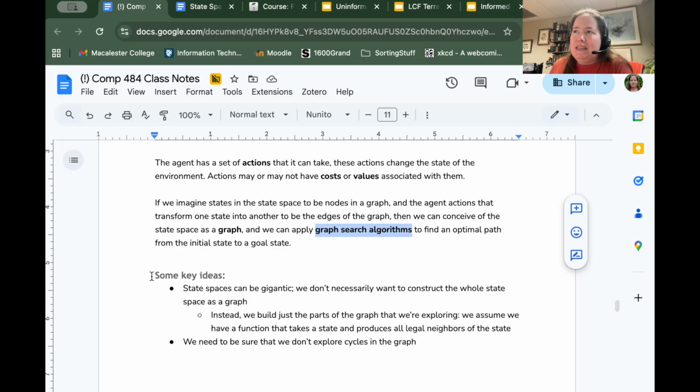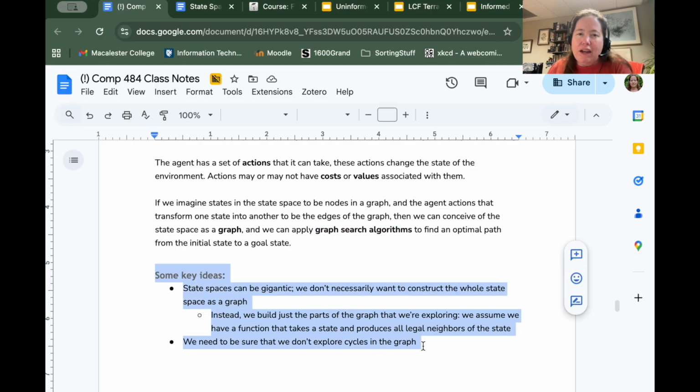All right, there are some key ideas here that I want to draw out, particularly in the realm of artificial intelligence. We have some state spaces that are quite small, even complex ones like the state space for playing tic-tac-toe. It's a two-player game. There are a lot of moves, but it's still a relatively small state space.